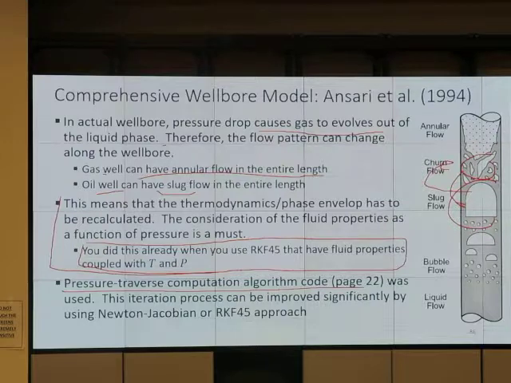Okay. In order to use Dormand-Prince or Runge-Kutta framework, you need dT, dP, or flow pattern, or something as dZ. Okay. You need all of that to solve it. If you don't have all of that, you may have to do an iterative approach, like the one shown in the book, page 22. Okay?